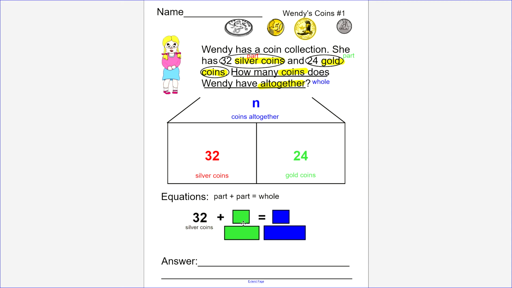We'll add 24 gold coins to the 32 silver coins because the silver coins and the gold coins are our parts. Now, what will that equal? What is the whole? Oh, that's right. N coins altogether is what we're trying to find. So 32 silver coins plus 24 gold coins will equal N coins altogether.